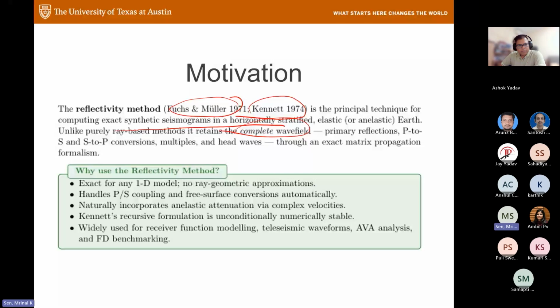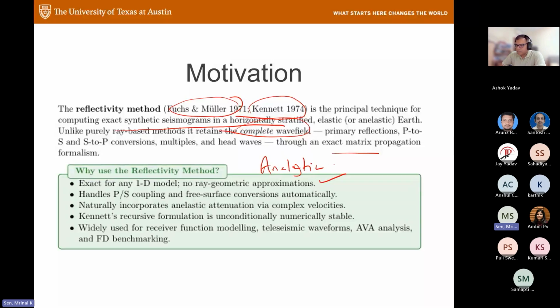The reason we want to use reflectivity is that this is exact for a 1D model, and this is analytic, in the sense that we have solutions that can be derived by solving some equations.